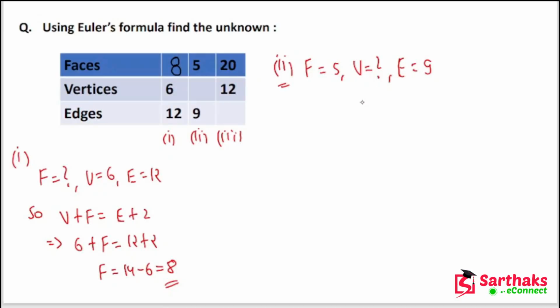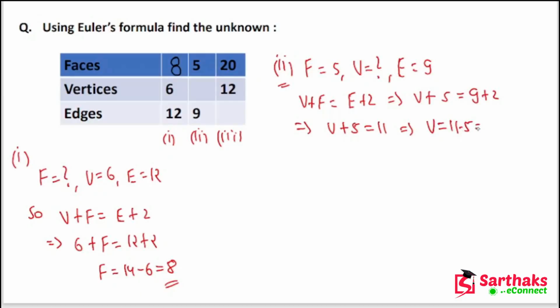To find the vertices, v plus f is equal to e plus 2, which gives v plus 5 is equal to 9 plus 2, that is 11. Then v is equal to 11 minus 5, which is equal to 6.